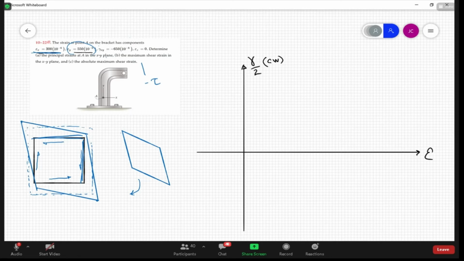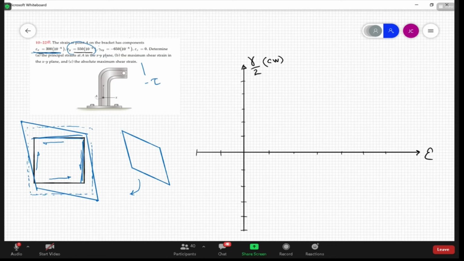Let's say this is 100, 200, 300, 400, 500, 600, and on the other axis 100, 200, 300, 400, 500, something like that, okay?